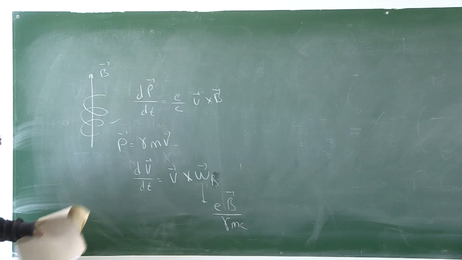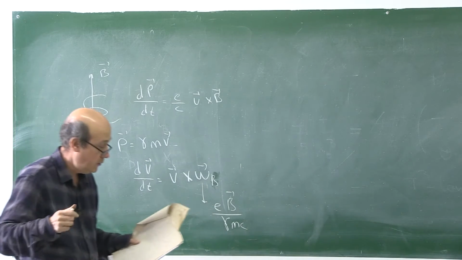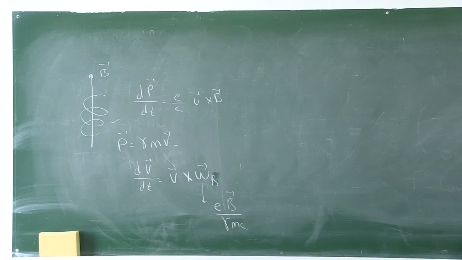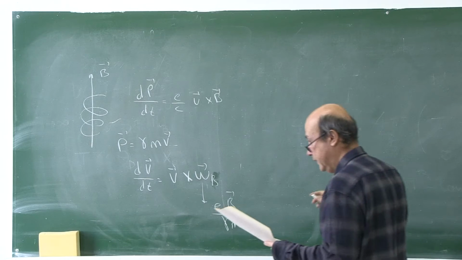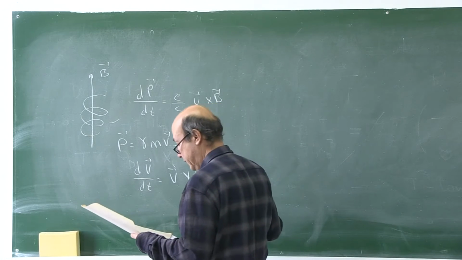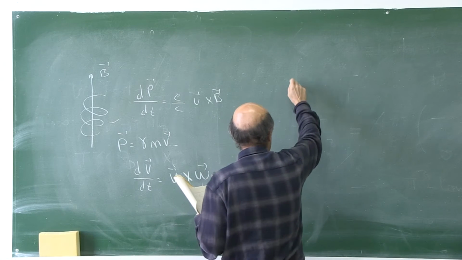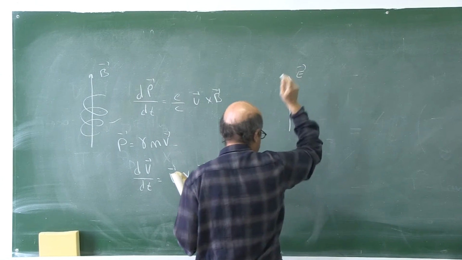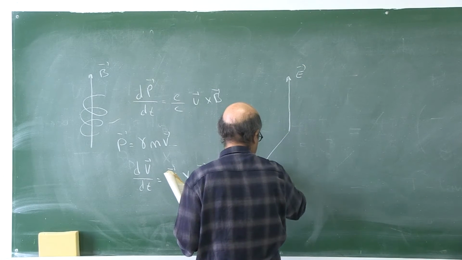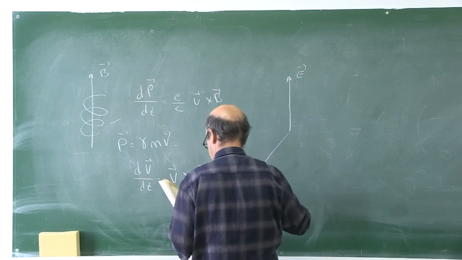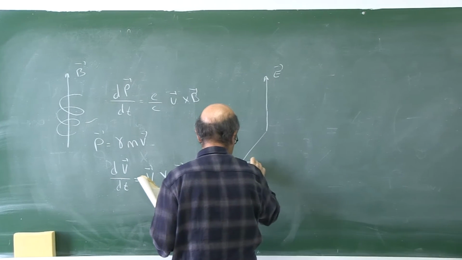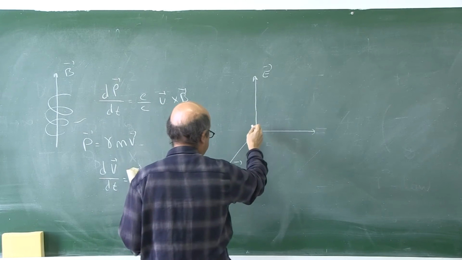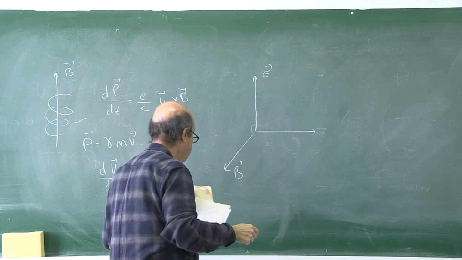And so you can write this relativistically. So you know these things. So what happens if you let the charged particle move under the electric field and magnetic field? Suppose that there's a uniform electric field in the Z direction, and suppose that there's a uniform magnetic field along the X direction, and this is one special case of the distribution of the fields.